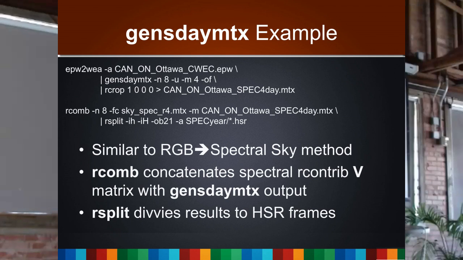I didn't talk about this, but the V matrix took about 12 hours to compute, I think, on an old 12-core Mac Pro. So it didn't take that long. It's a big file, but it didn't take much longer than it would normally take. And then RSplit divvies the results into HSR frames.